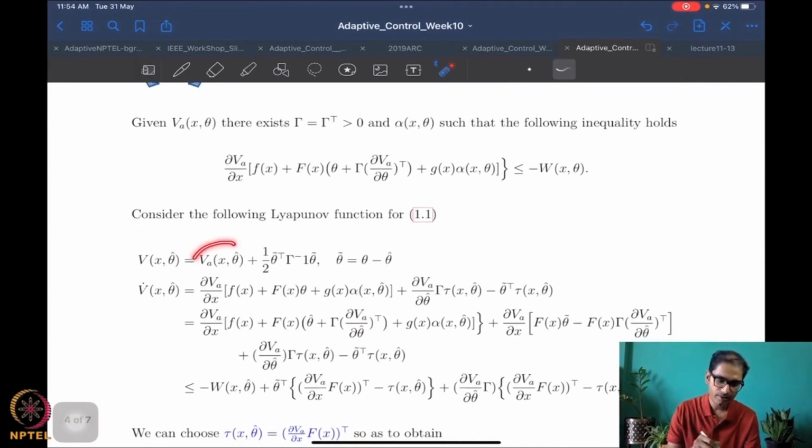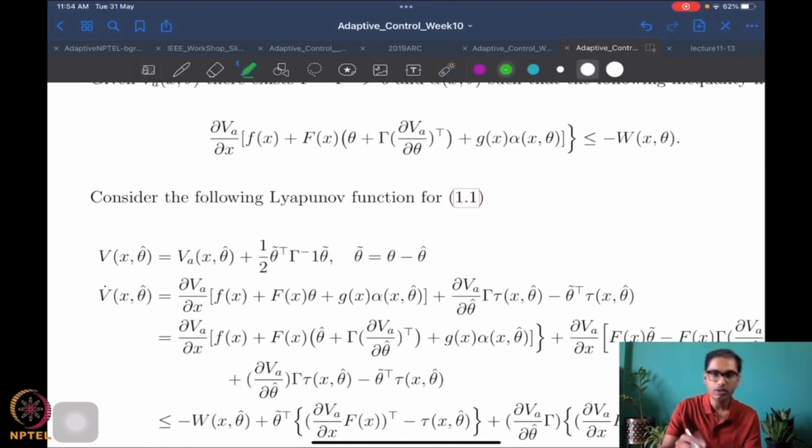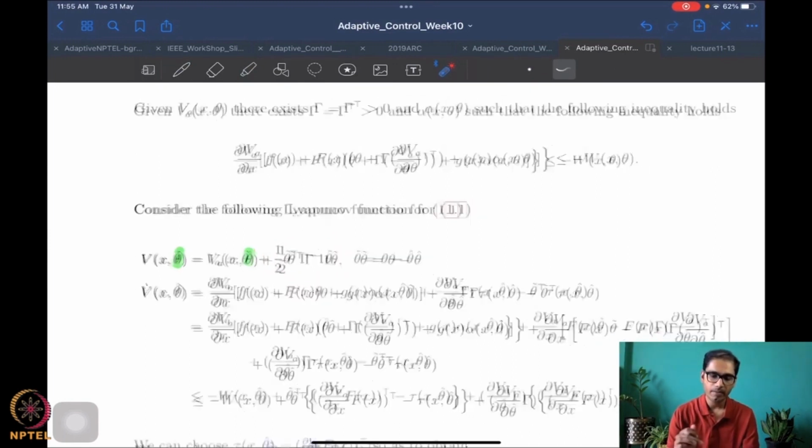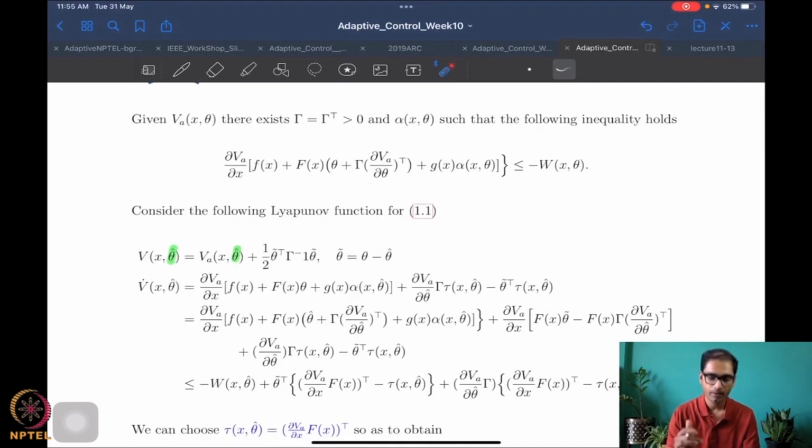We take a VA, but now with a theta hat. Notice, because you're talking about adaptive control now, theta is unknown. So we replace all the thetas by the theta hats. And then we add a term, again a quadratic term corresponding to the parameter error theta tilde, and of course scale it with a gamma inverse. Sorry, there is a typo here.